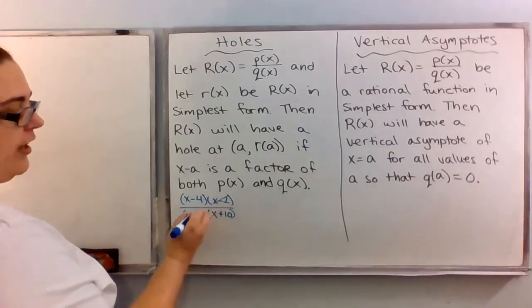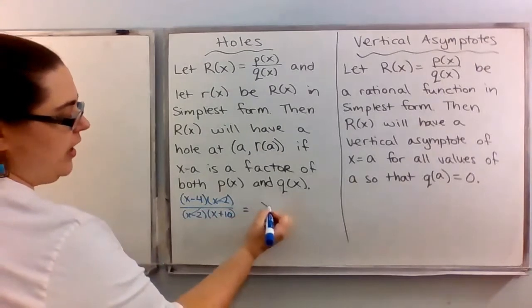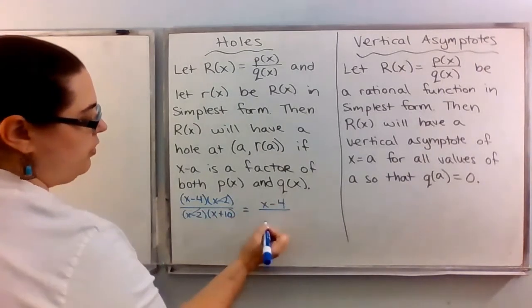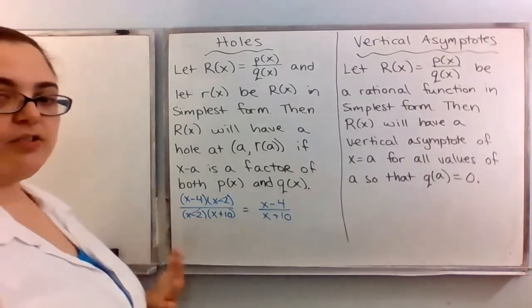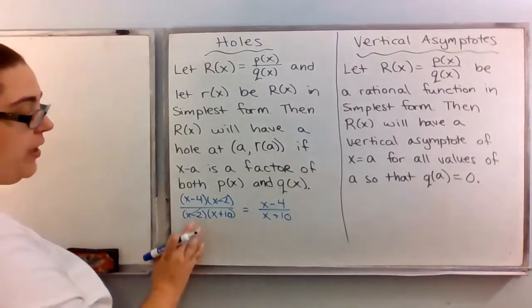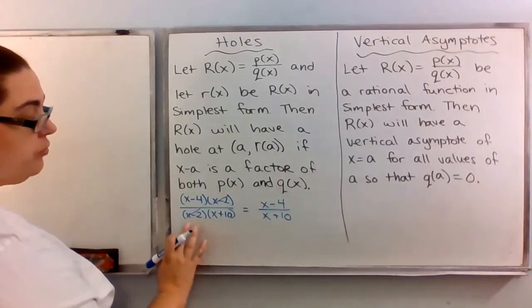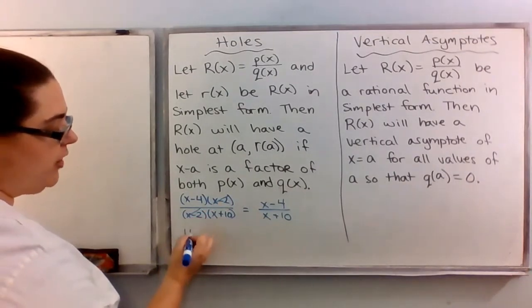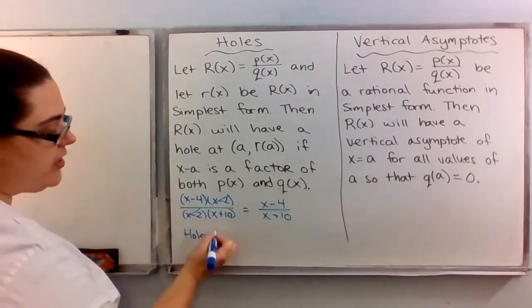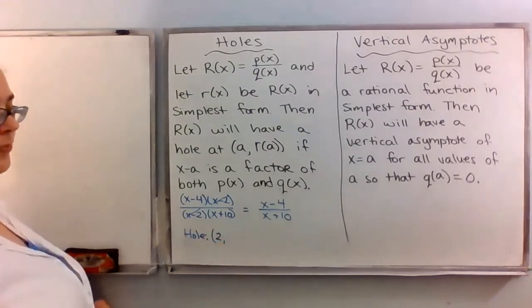So I can cancel that out and simplify to get x minus 4 over x plus 10. Now to find that hole, the hole is going to happen at 2 because x minus 2 was the factor we canceled out. So I'm going to have a hole with the x value of 2.